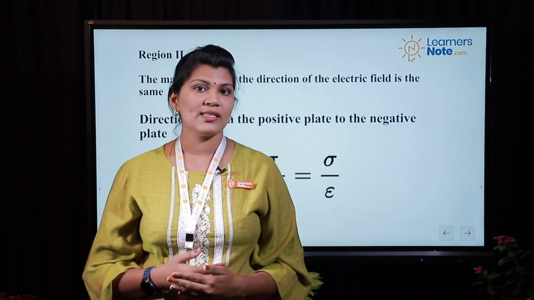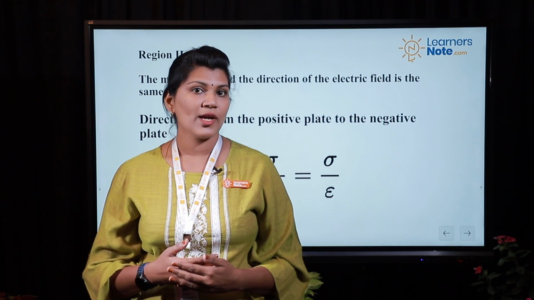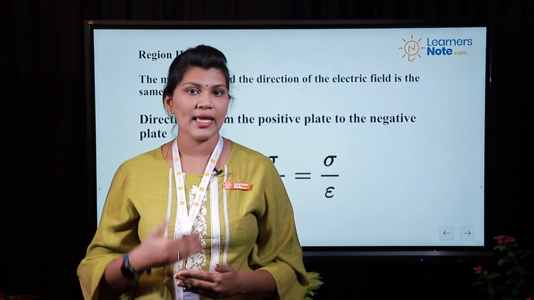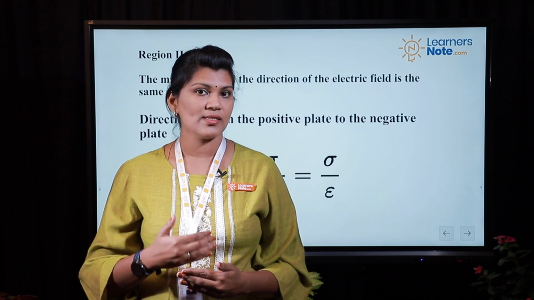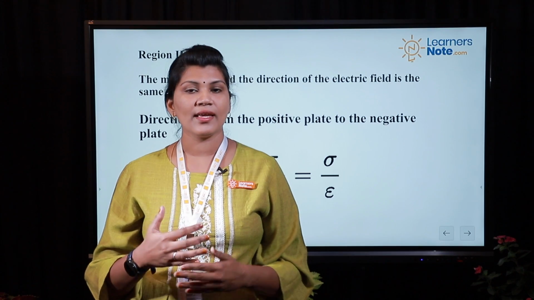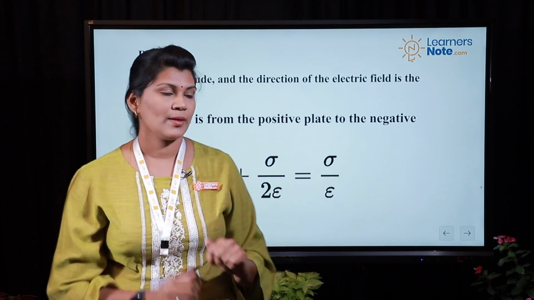Here sigma is the charge density, equal to Q divided by A, where Q is the total charge on a plate and A is the area of that plate.